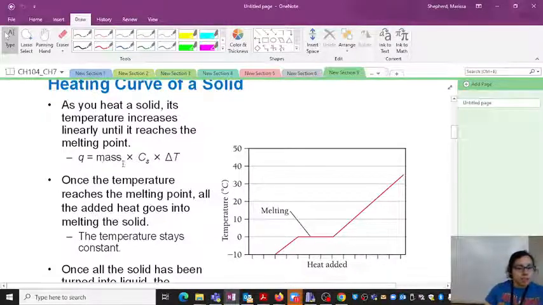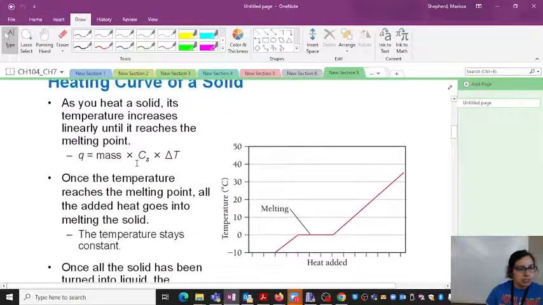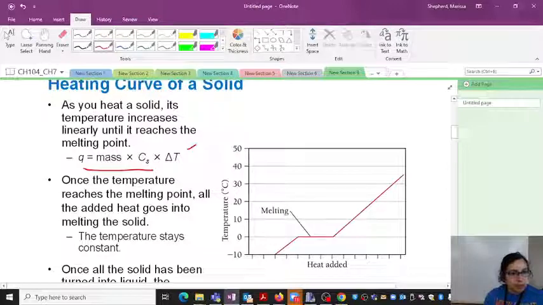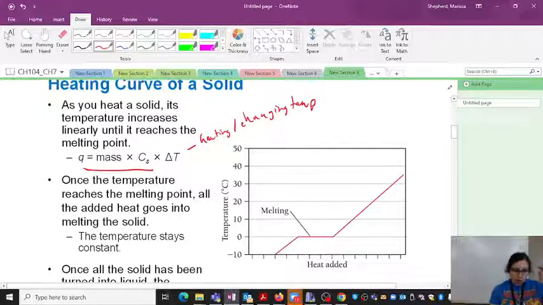This is how much heat can be added: q equals mass times specific heat times the change in temperature. So this would be for our heating, and by this I mean changing temperature. You'd have to look up the specific heat for each substance, and this would be on this curve.